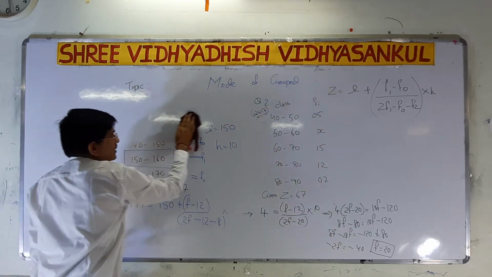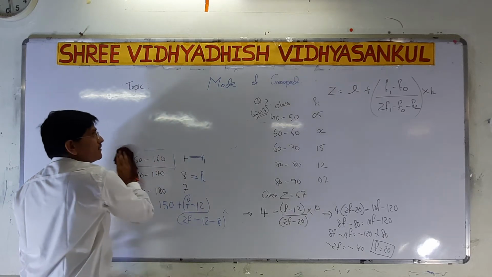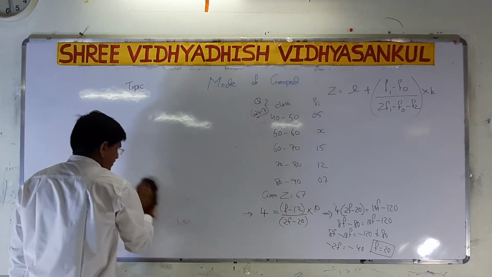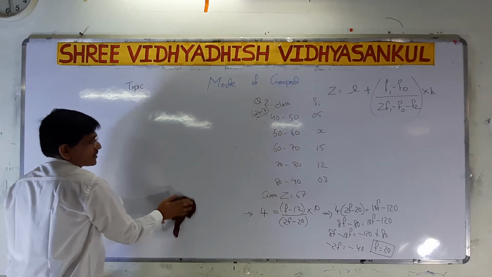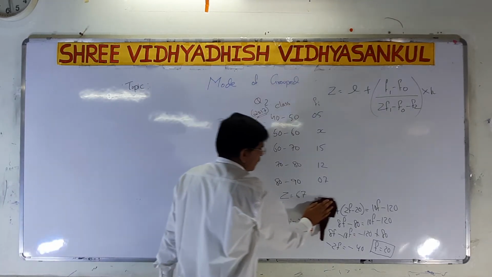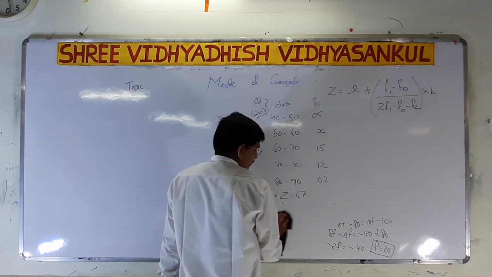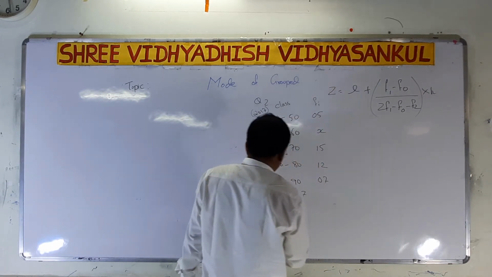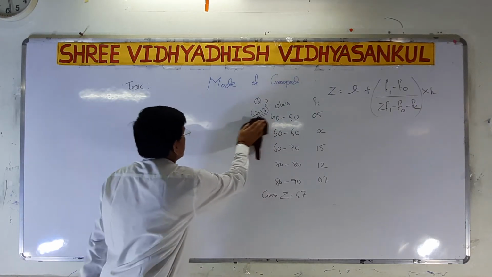Now we go for the second sum. It is from March 2017. Again we have to discuss it. First of all, you have to write the formula. If you put all the values perfectly into the formula, then we can get marks.